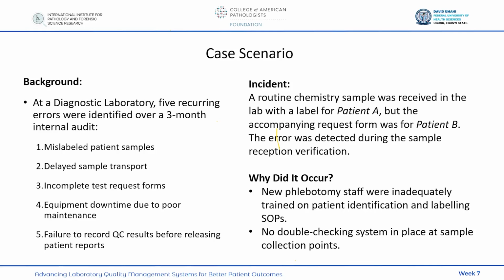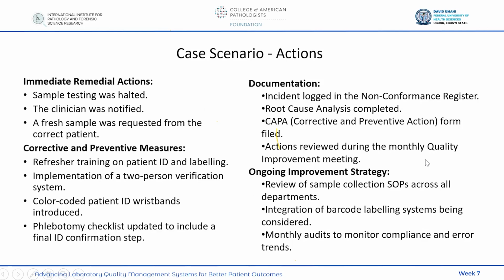So what do we do when this happens? All this should be documented. The incident should be logged in the non-conformance register, and then root cause analysis should be done. That's what we need to do.